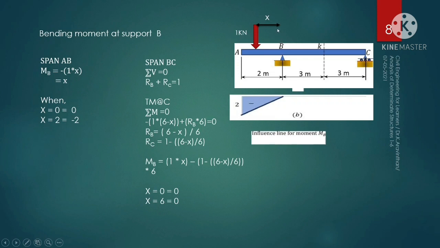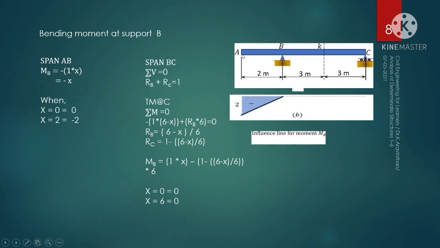Okay. So if I need the moment here, I can see left hand side or right hand side. For bending moment, for easy calculation, I am looking into left hand side, that is 1 into x. Simple, 1 into x. So this will be anti-clockwise. I am getting the value of minus x as the moment.